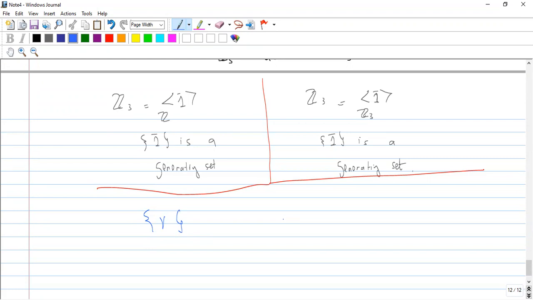Whenever a linear combination is equal to 0, then the scalar should be equal to 0. So this would be the definition.